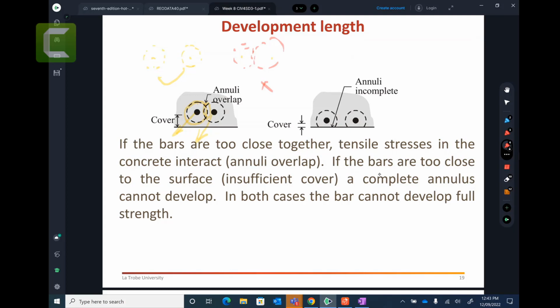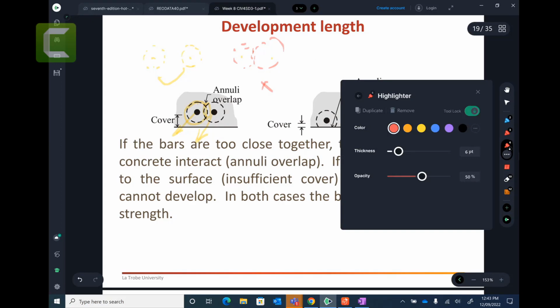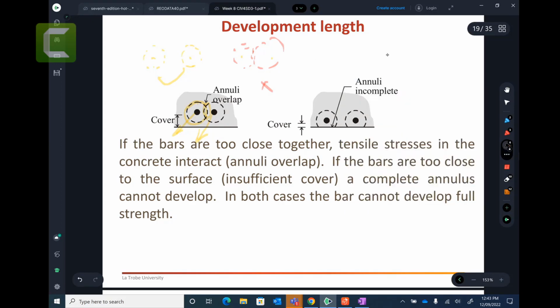Now, if you put the bar too close to the surface, let's say someone put this bar very close to here, then when they create the profile, it is going to crack. Not good. If someone put the bar far from the surface, this is good.